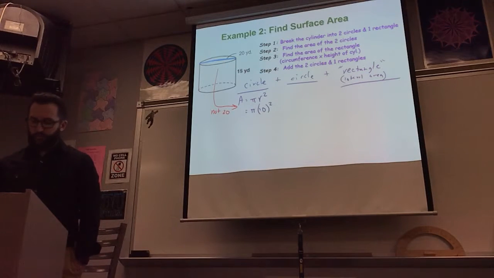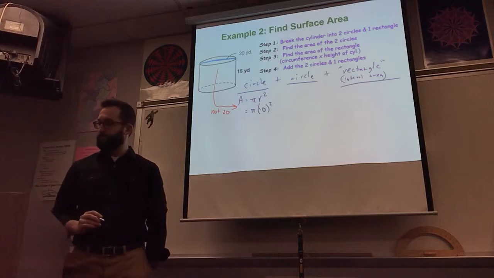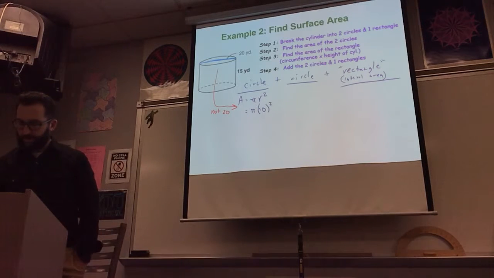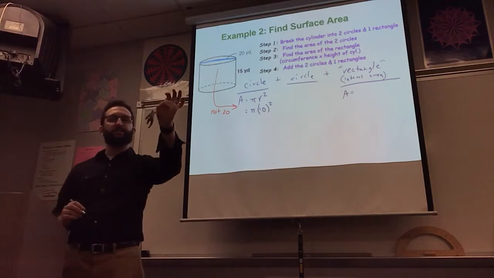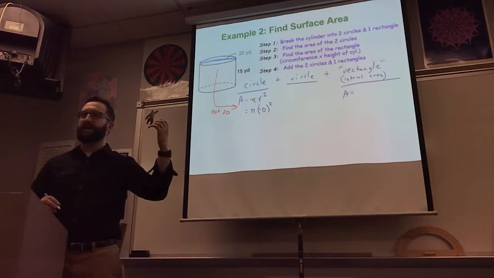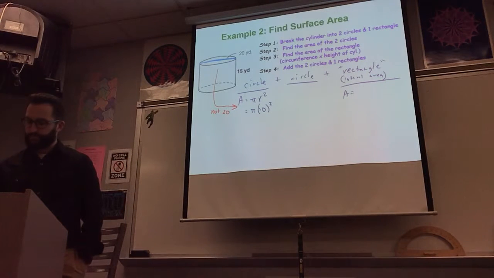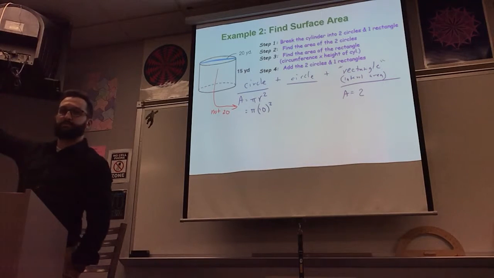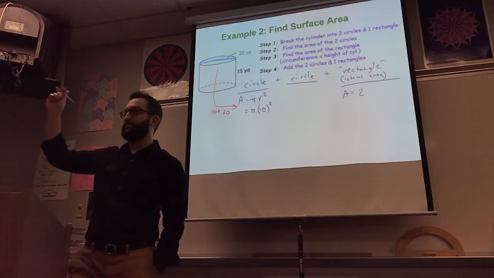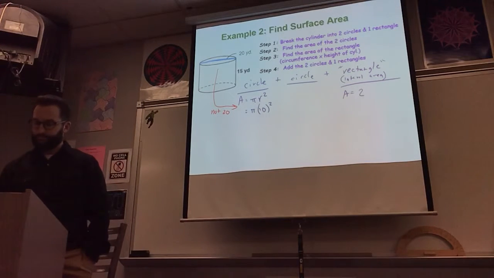And I'll let you guys finish that in a moment. Let's go over to the rectangle. The lateral area is area equals what? Circumference times the height. What's the circumference for us going to be? 2 pi r times the height of the cylinder, which is h.